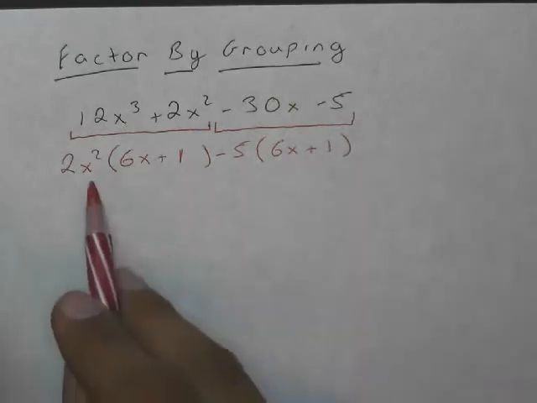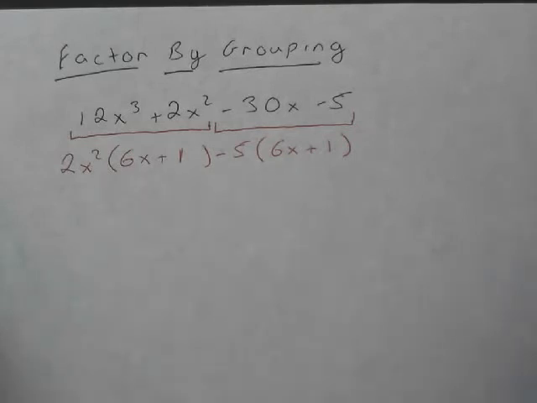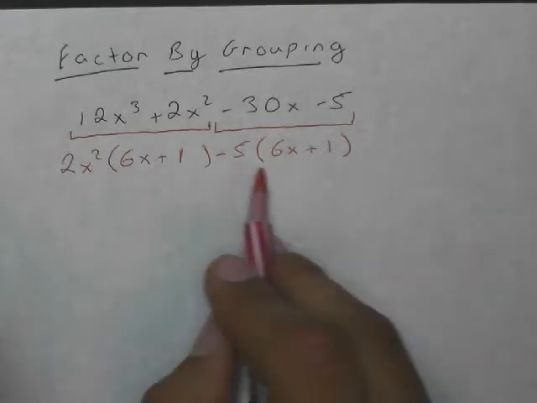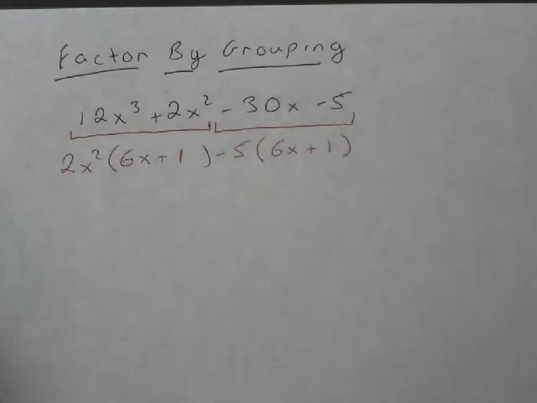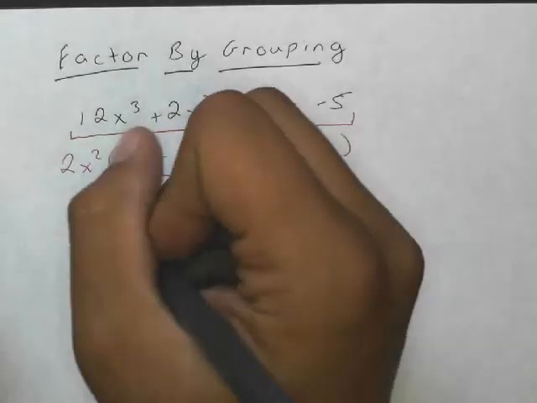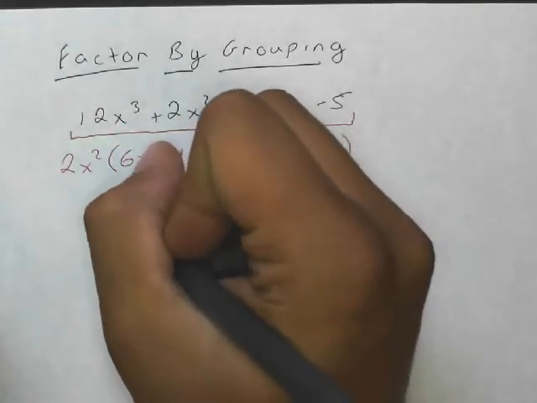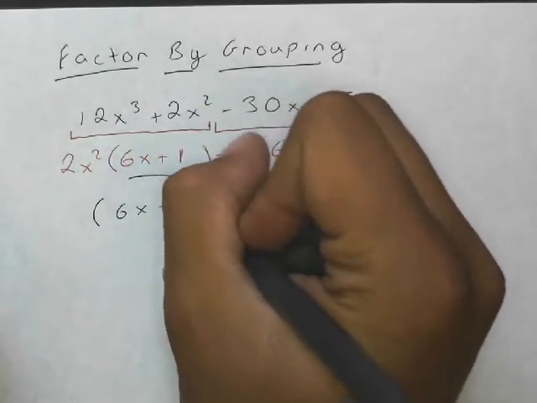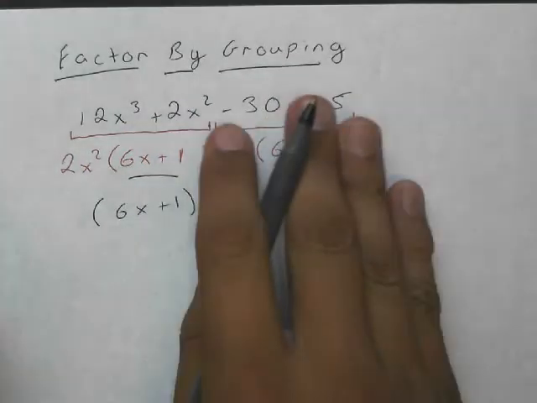Now that I've taken out the GCF in both groups, what I'll notice is now there is another common term. That being the 6x plus 1 here and the 6x plus 1 there. I'm again going to factor that out of both of these terms. So when I take out the 6x plus 1, what's left from that first group?